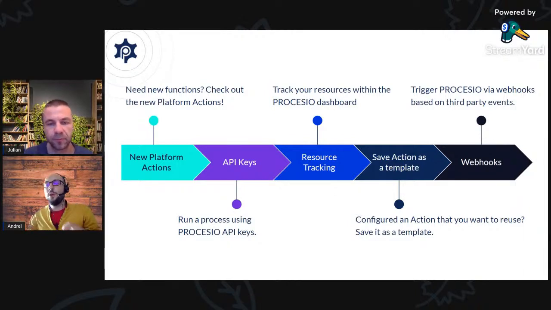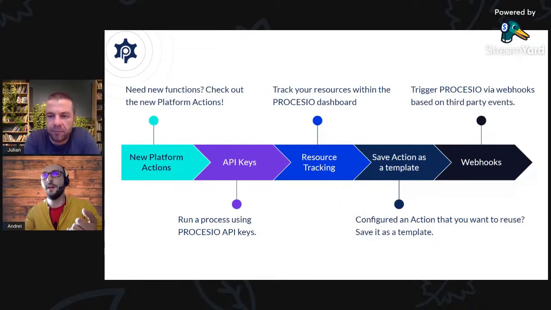And moreover, I want to emphasize once again, with the risk of repeating myself, the fact that these new platform actions are built with Procesio, namely with the custom action feature, enables us to build faster. Therefore, we started at the release date with 7 actions on the canvas, and now out of nowhere we came with plus 20. And probably there will be an explosion of new actions in our platform.